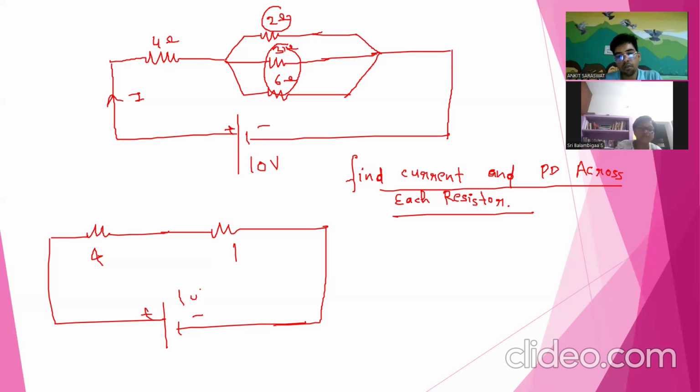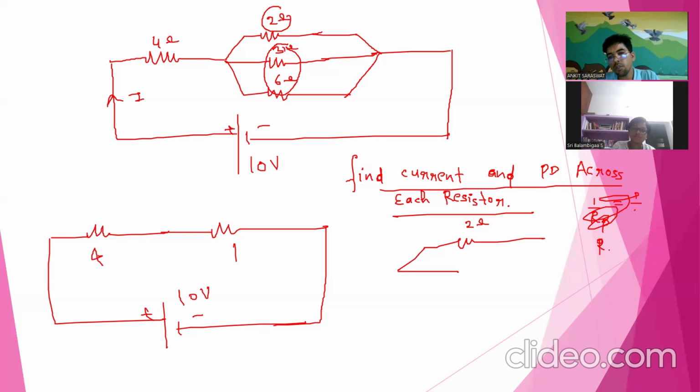Should I solve or did you understand? Can you please solve it? Okay, look here. This is 2 ohm, and 3, 6. For parallel, there is the formula 1 by Rp equals 1 by R1 plus 1 by R2, but no need to apply this one.